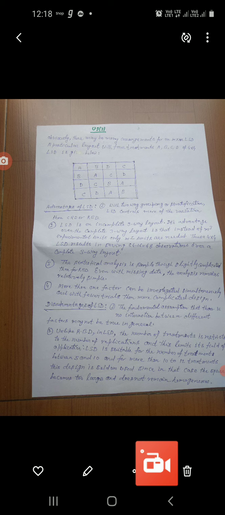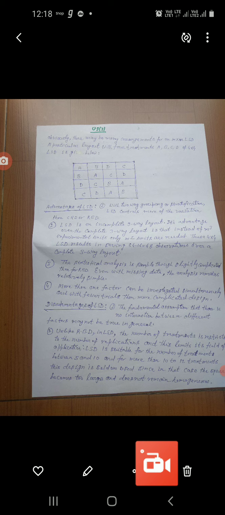The layout is B, C, A, D in the first row. Similarly, in the second row it is B, A, C, D, in the third row D, C, B, A, and lastly in the fourth row C, D, A, B. You see that no treatment is repeated in any row and no treatment is repeated in any column. So this is the main point which should be kept in your mind.